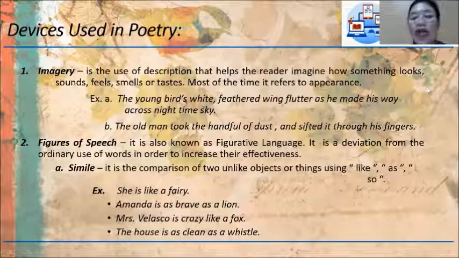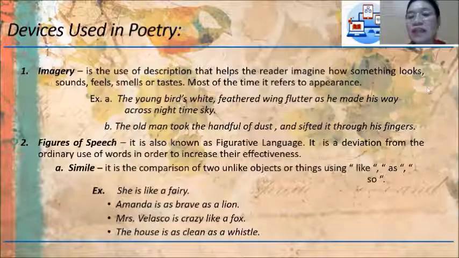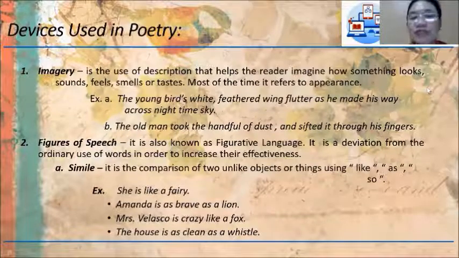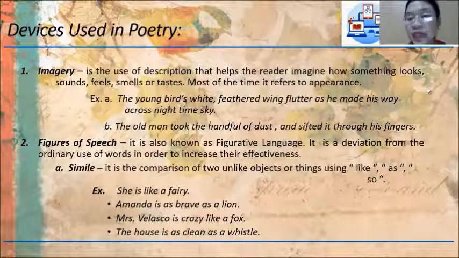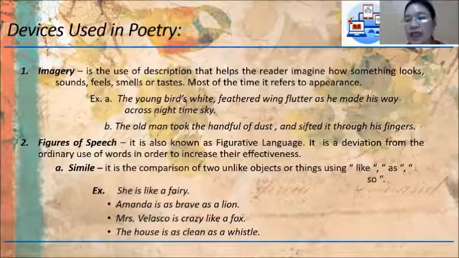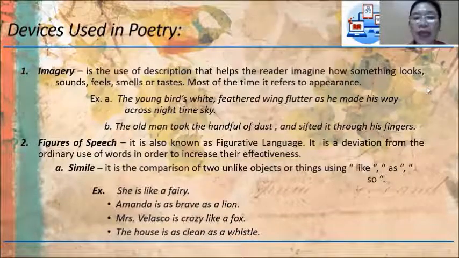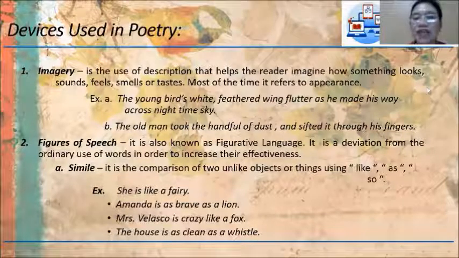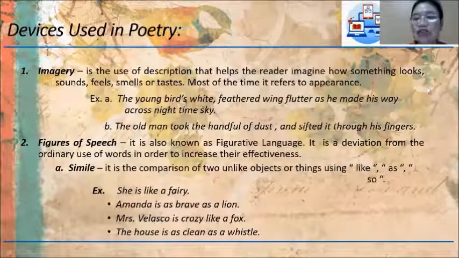For example, the young bird's white feathered wings flutter as he made his way across the nighttime sky. So there is a vivid and vibrant description about the bird in our example. And then, the old man took a handful of dust and sifted it through his fingers. So that is imagery.